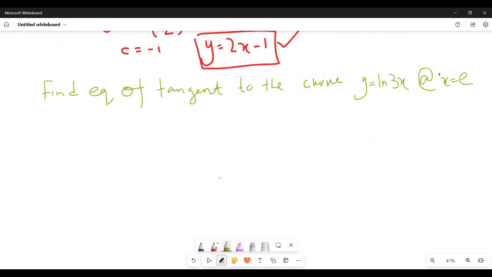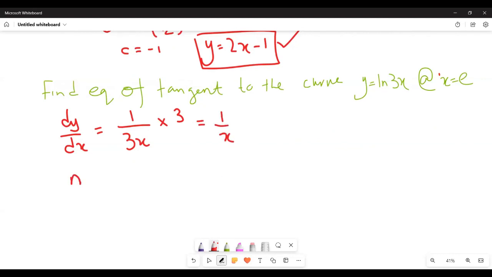The same strategy. Start with differentiating it. dy over dx equals 1 over f(x) first, so 1 over 3x times the derivative of 3x, which is 3. So we get 1 over x.